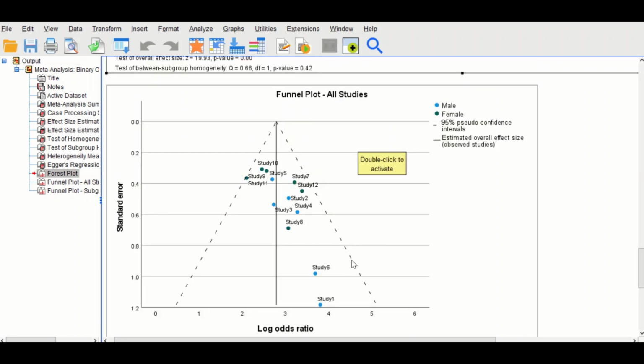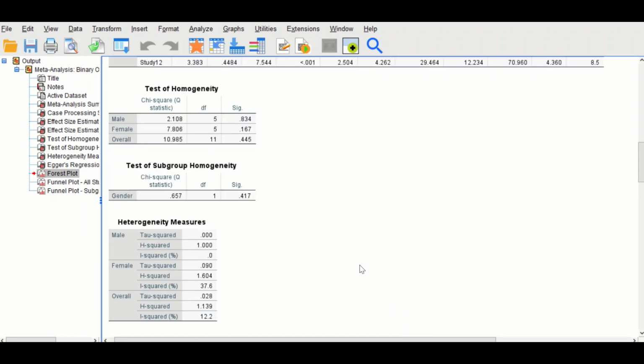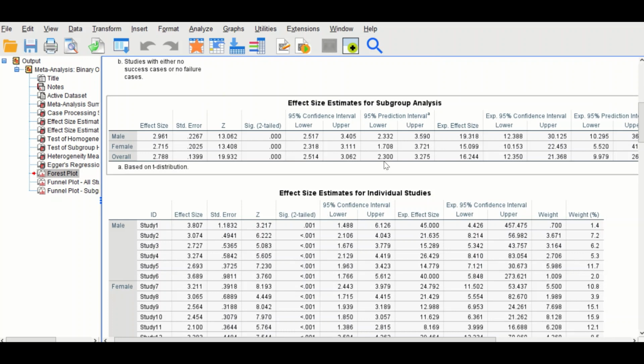To confirm this observation, Egger's regression test is done to test whether there is a bias.